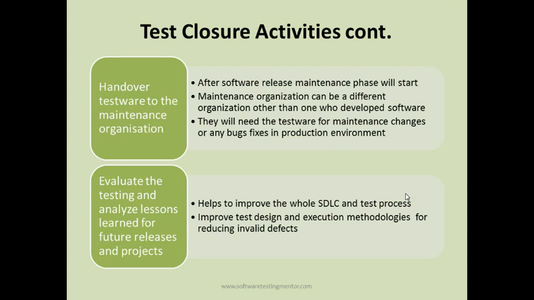You just need to dig out the root cause and analyze how the release has been done, which will help us reduce any more defects, and will help in future releases for testing and development activities.